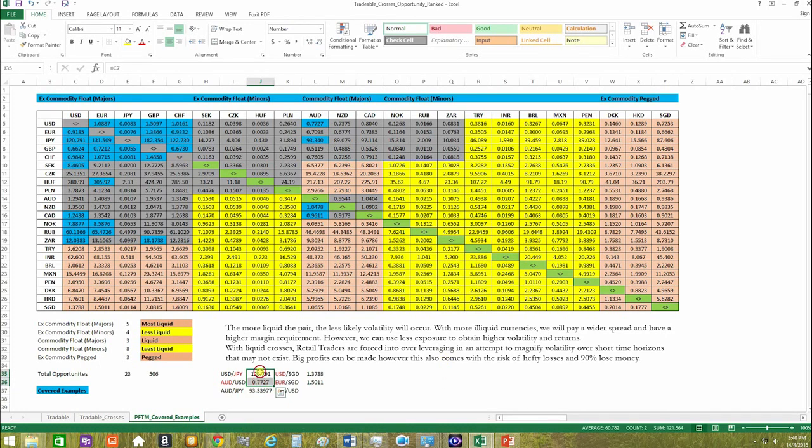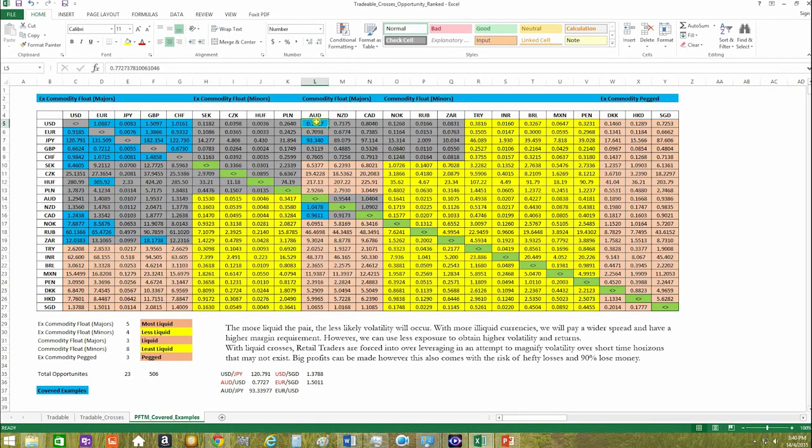Now the cells we referenced were C7, so column C, row 7, which is the US dollar Japanese yen rate, and L5, so column L, row 5.